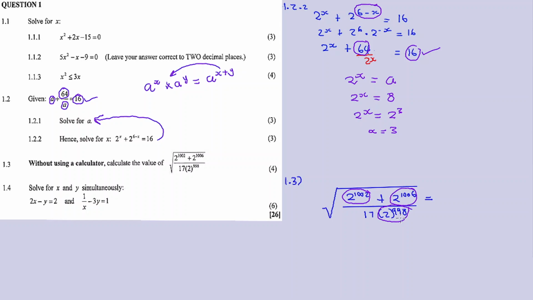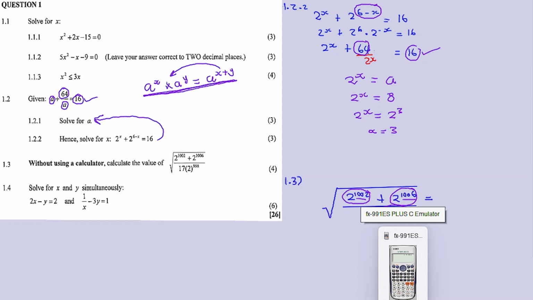Out of the three, which one has the lowest exponent? It's the one at the bottom, right? So it's 998. 998 is smaller than 1002 and 1006. So in other words, we are going to apply this exponential law again, but this time I want my exponent to be even on 998, because these ones are big. Okay, what do I mean?